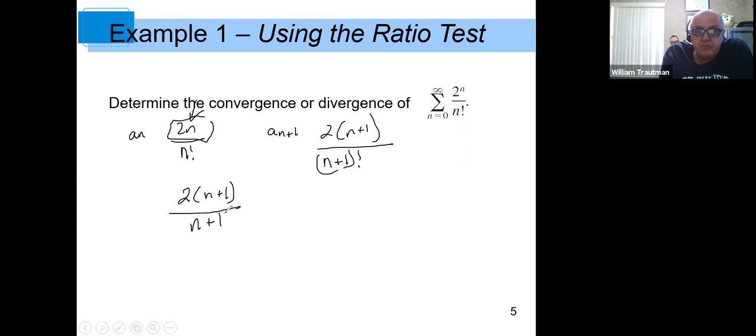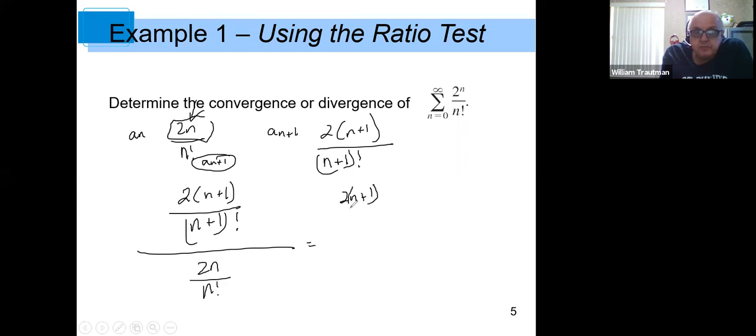And then divide it. You can do it like this. This is the A sub n plus 1 on top. And the bottom would just be the 2 to the n over n factorial. Another way to look at this is 2 to the n plus 1 over n plus 1 factorial, divided by this.